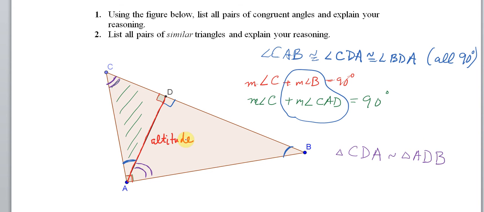Okay, so these two triangles right here, the small one and the medium, I guess, are similar to each other. We can also say that triangle CDA, that's the smaller one, is similar to the big triangle, and that would be triangle CAB.